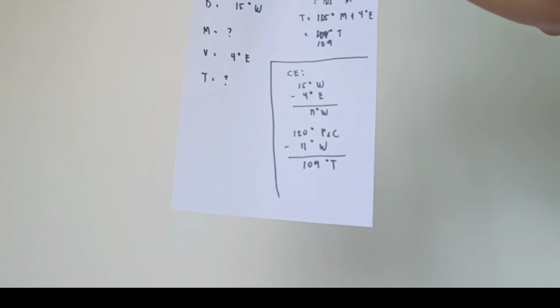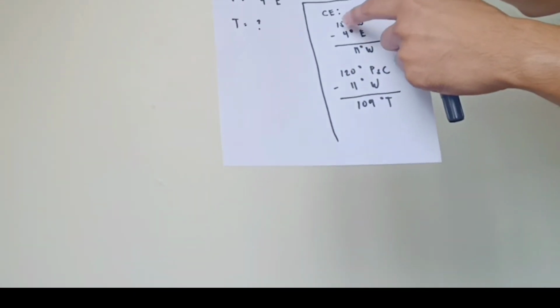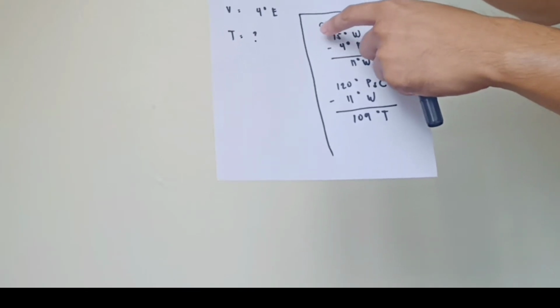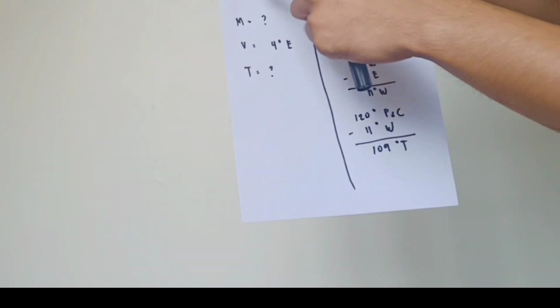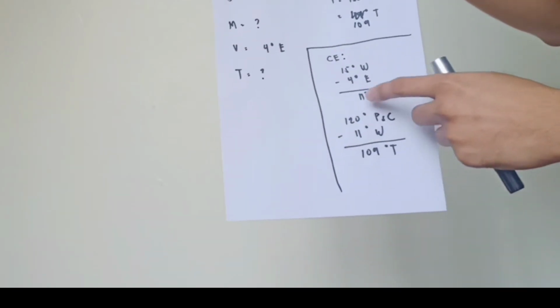We have a shortcut here to solve this. Here we have our compass error. To solve for a compass error, we take these two, and whichever is the highest goes to the top.